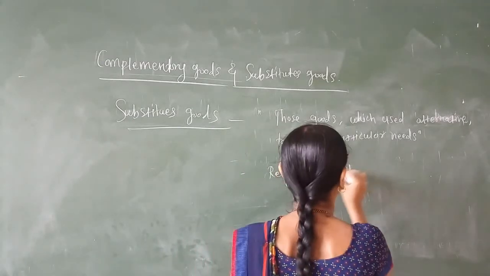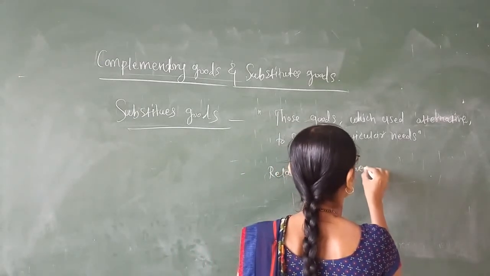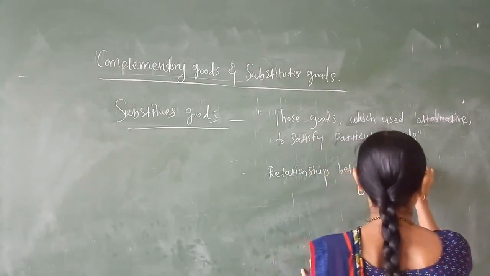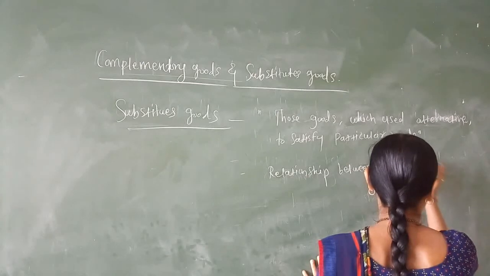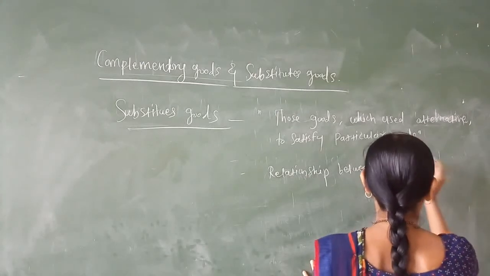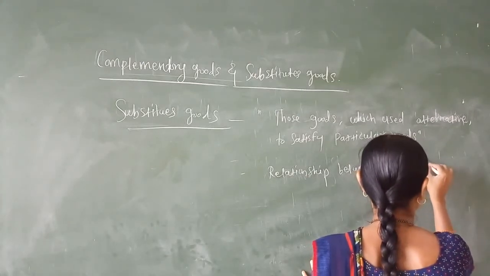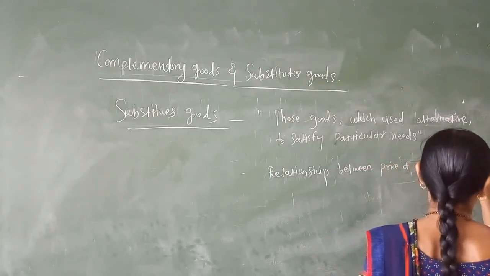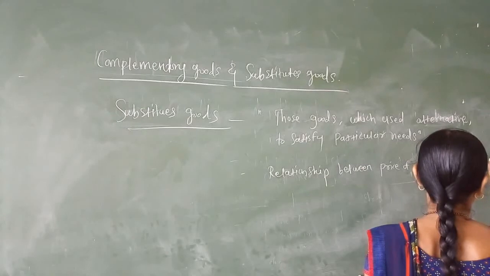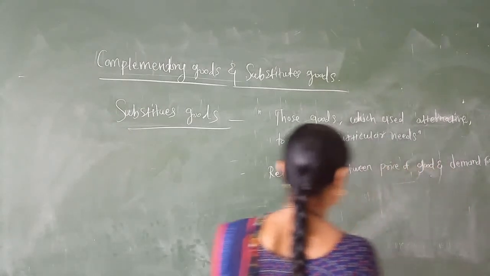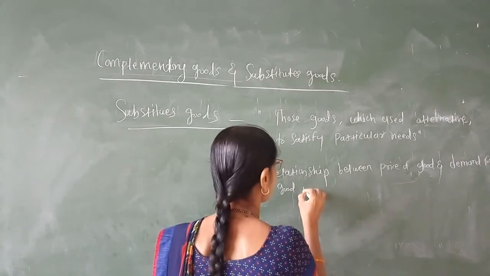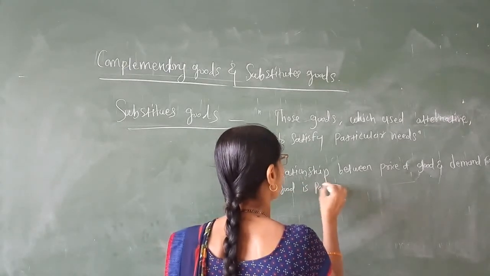Here the relationship between the price of a good and the demand for the substitute good is positive.